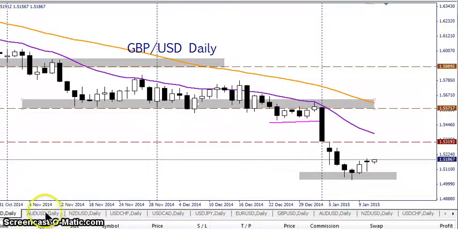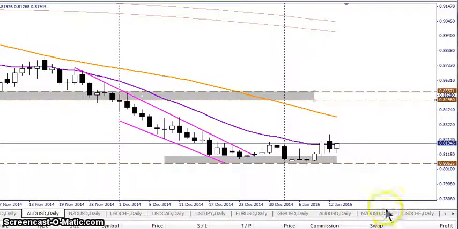And let's go to the next pair, the Australian US dollar. Same thing. We only want to take shorts if we see evidence to the downside with either a bearish engulfing candle or a bearish confident warrior candle, or we could possibly place a pending sell order below.